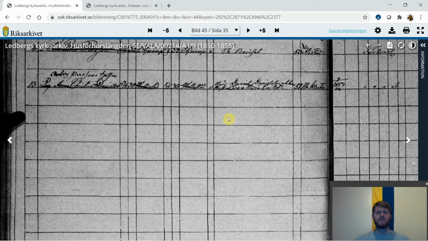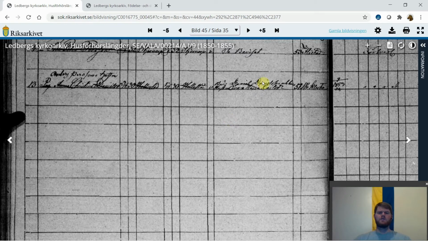The point in someone's life when they get married can be a tricky spot in research, because sometimes information isn't listed, and it can get tricky figuring out what record to look at next and where to find them.